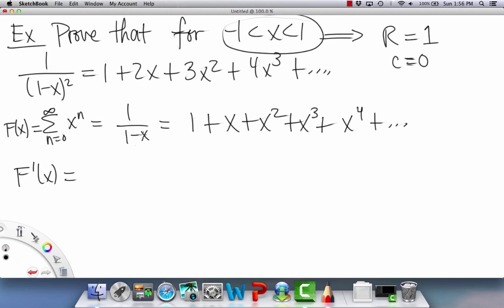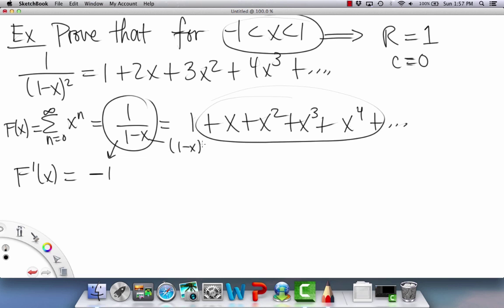If we take the first derivative of this, we have to take the first derivative of the other side too. So let's do this one first. That's going to be a negative 1, because this is to the negative 1 power, right? I'll rewrite it real quick. This is 1 minus x to the negative 1, okay? So the negative 1 comes down in front, everything inside stays the same, and then you subtract 1 from the power.